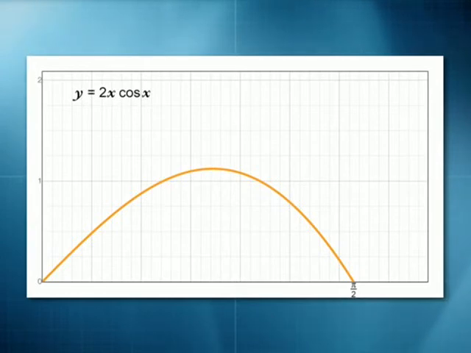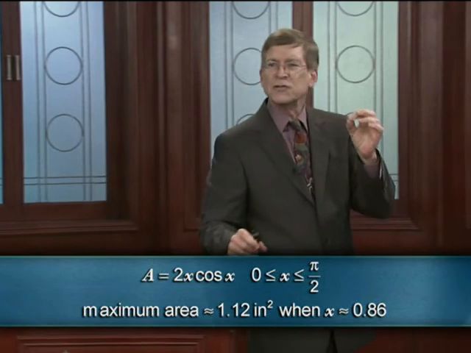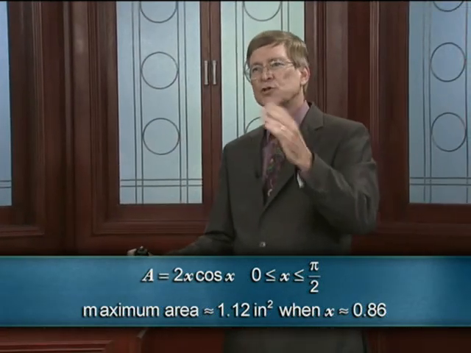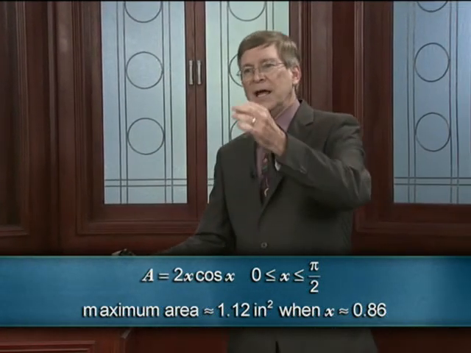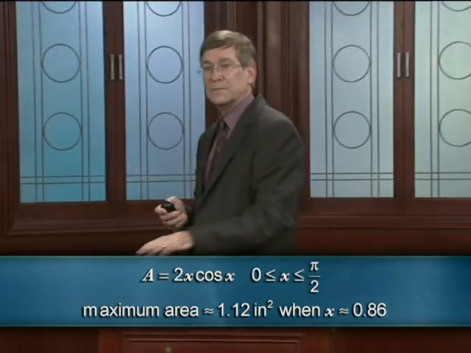That's because there's no area. And then find the top point. The high point on that graph is the maximum. And it turns out, using a feature of your graphing utility, the maximum area is approximately 1.12 square inches, and that occurs when x is approximately 0.86.